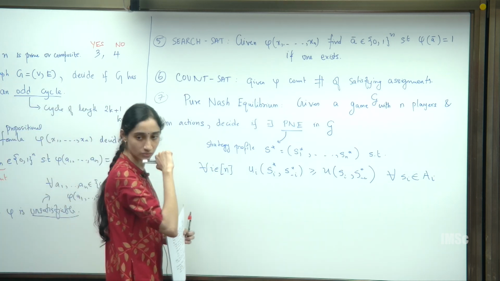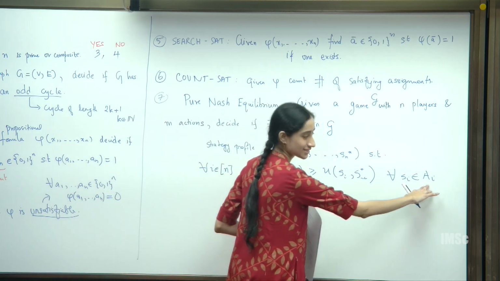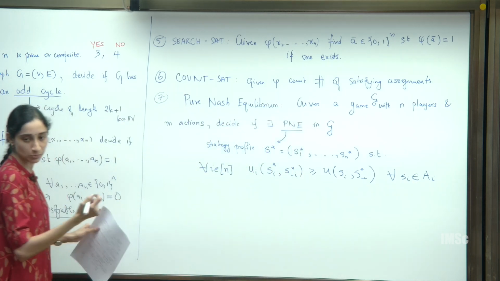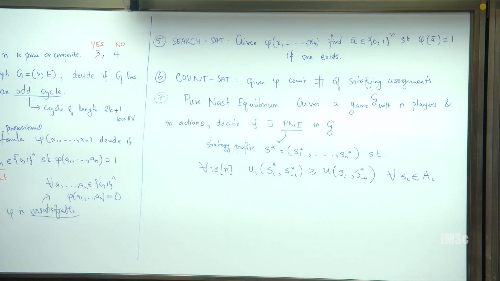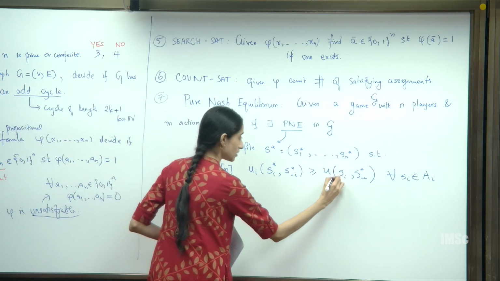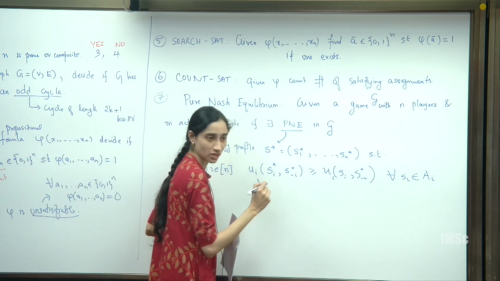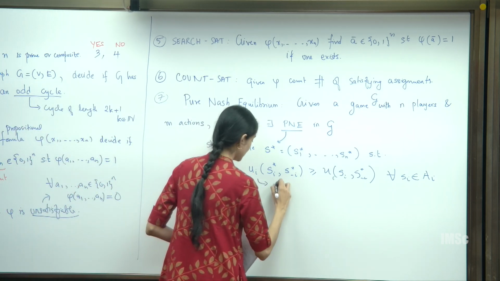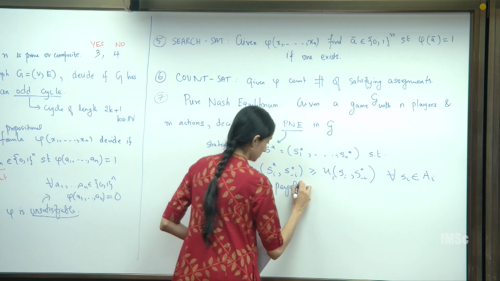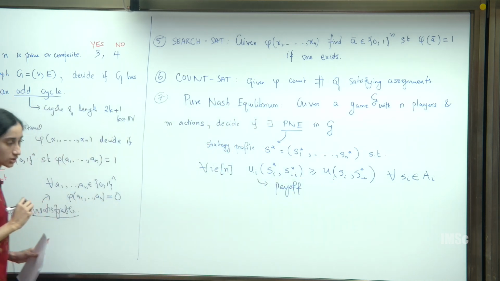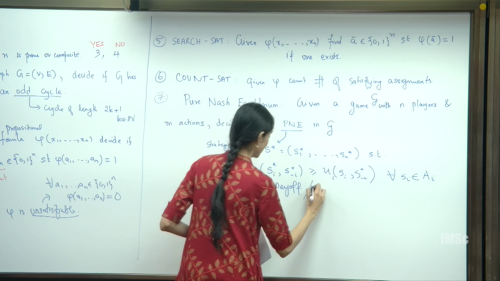Okay. So it's the set of all actions that the ith player can take, right? U_i, I think, was called the payoff function. Or utility function. I think utility function.